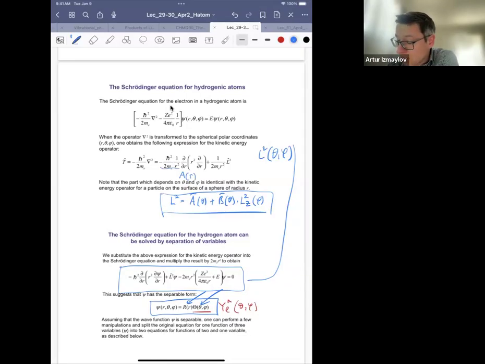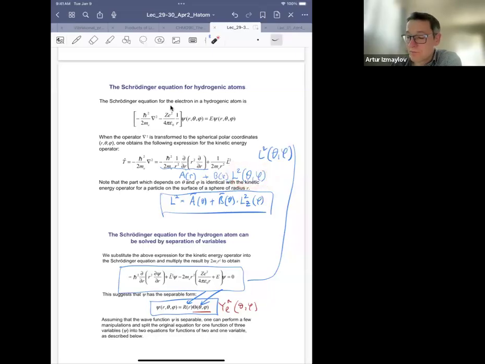This complicated thing is A of R plus B of R times L squared of theta, phi. And L squared itself looks like this, where it's a different A, operator of theta, B operator of theta, and then Lz squared, which is operator of phi, right? So you see the repetition of this motif: an operator of one variable plus the same variable's operator multiplied by the product.